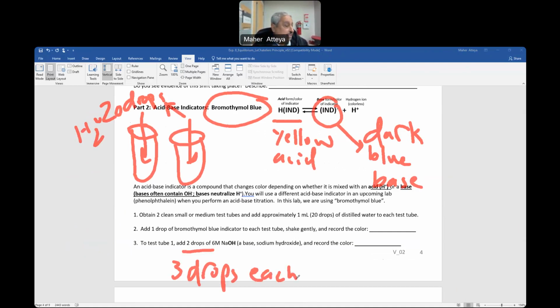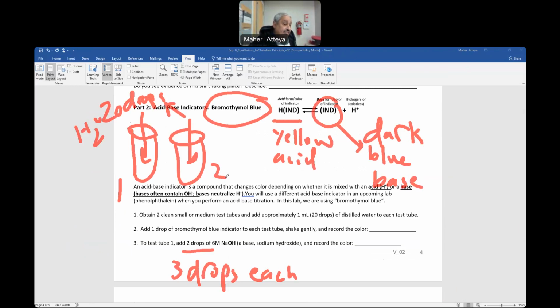So both of them at the beginning will look what? Blue. The indicator is blue. This is test tube number 1, this is number 2. Both of them you added 20 drops of H2O and 3 drops of the indicator bromothymol blue. Both test tubes will be looking blue.